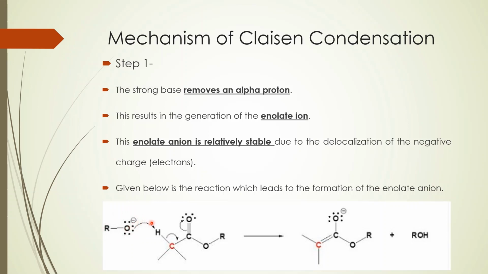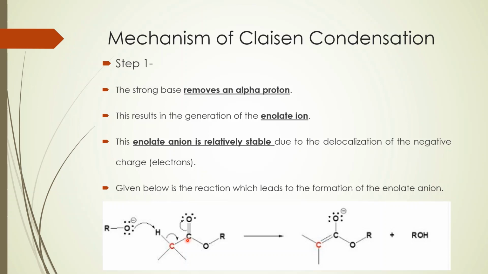It will abstract an alpha proton, that is this proton which is an alpha proton. When it abstracts this proton, this bonding pair of electrons gets shifted here to form the double bond between this carbon atom and this carbon atom.